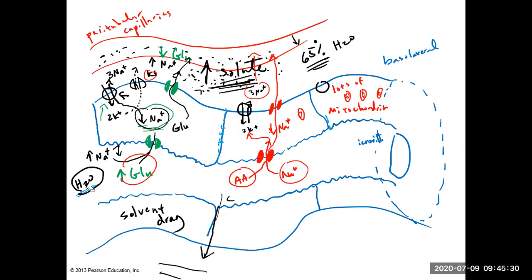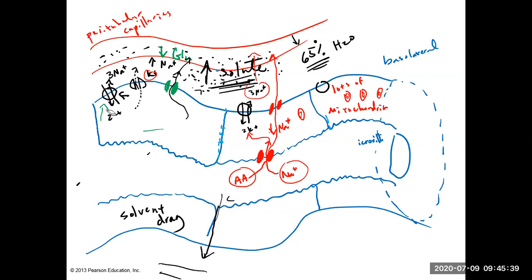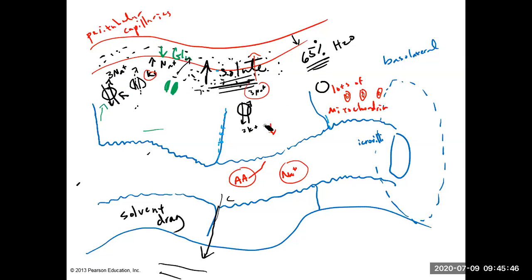So let me go ahead and erase this part. I erased too much, but that's okay.